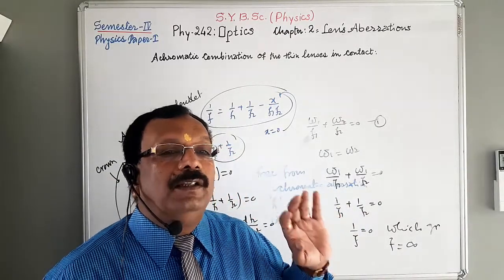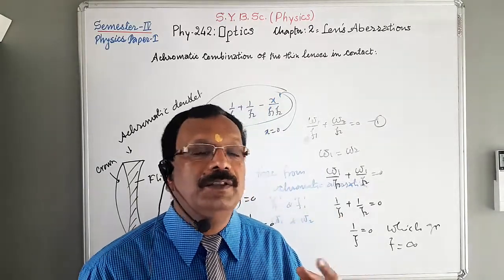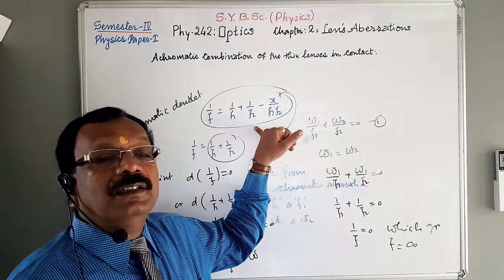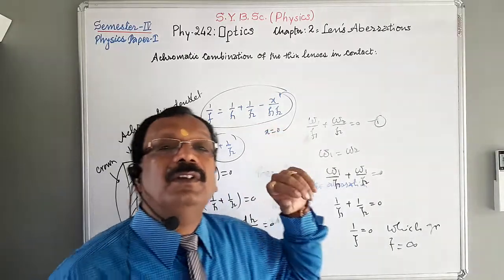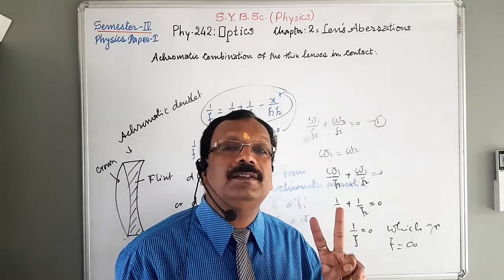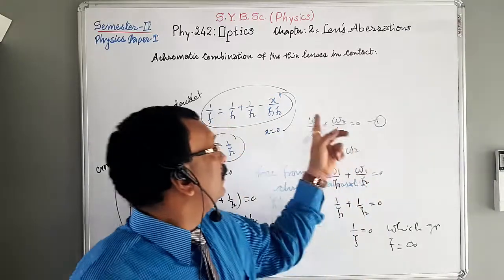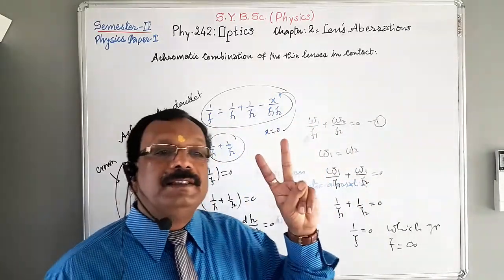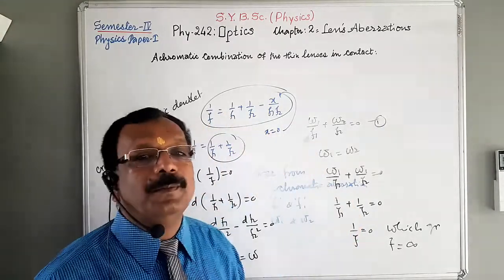In order to obtain the achromatic combination of two coaxial thin lenses separated by a finite distance from each other, we have to consider this formula, that is, the expression for the equivalent focal length of a combination of two thin lenses separated by a finite distance x, with two thin lenses having focal lengths f1 and f2.